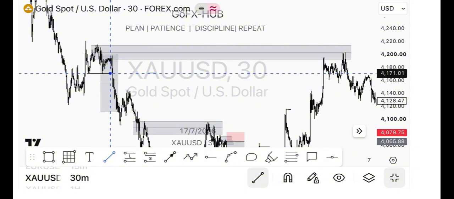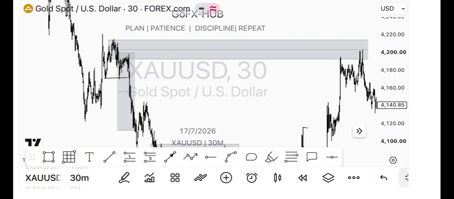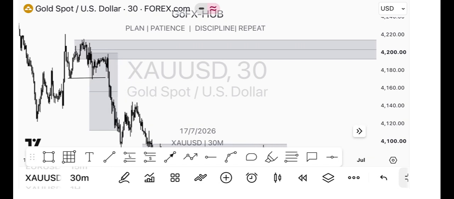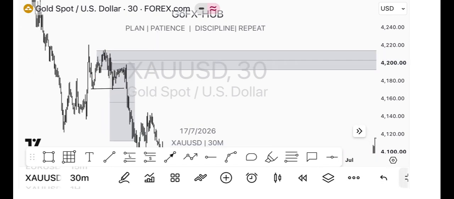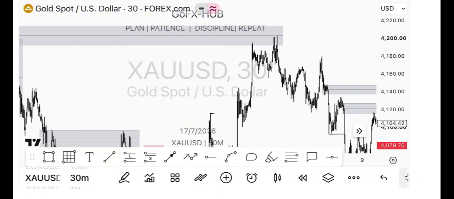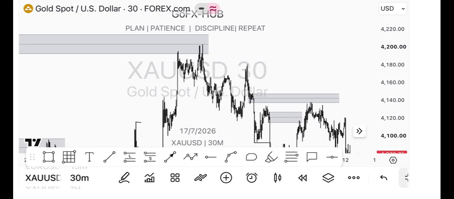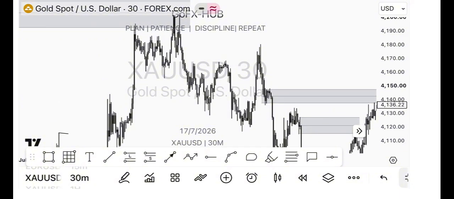This structure was broken downward, and this is the next point of interest that we marked from our 4 hours. From there, we expected the market to come, then it rallied up into that zone.